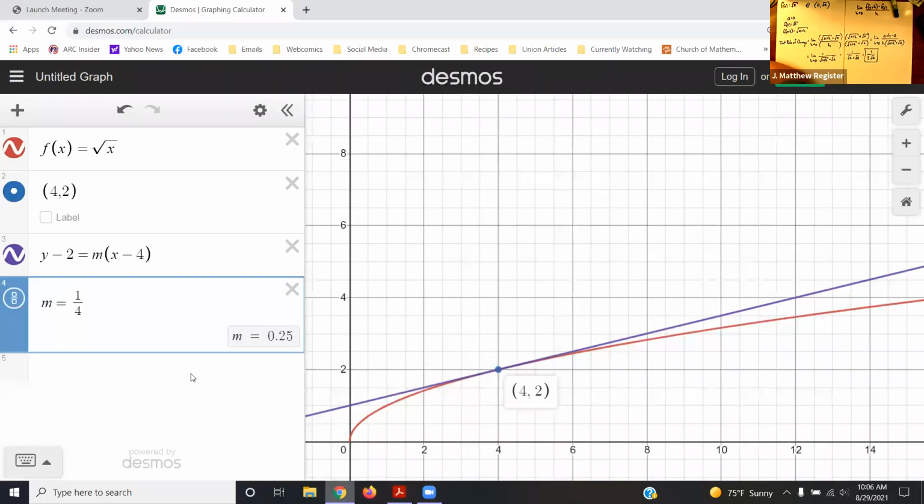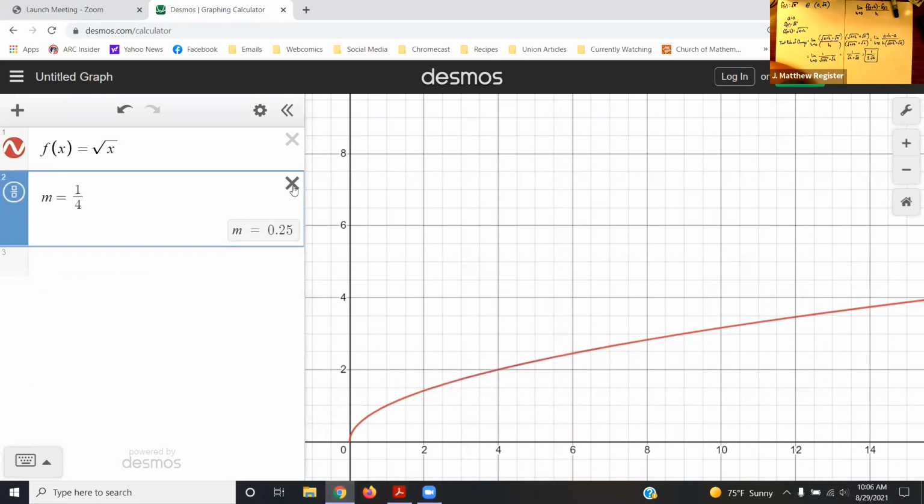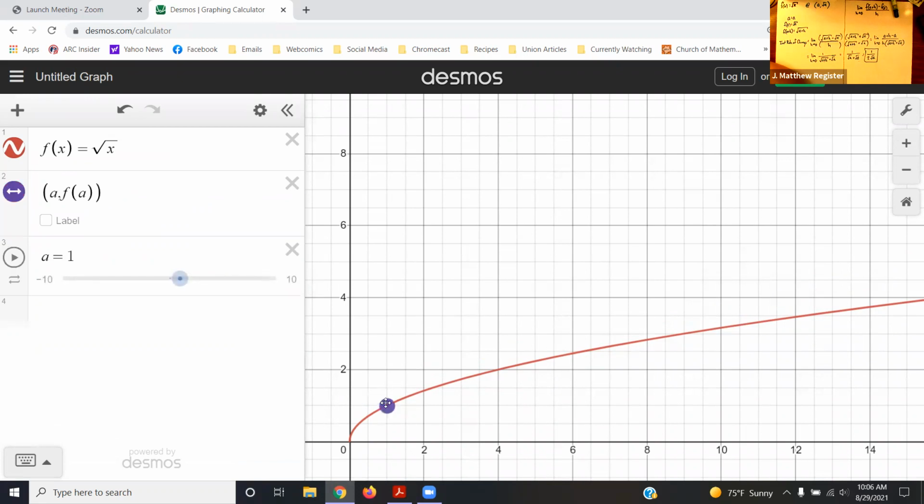When we think about what the graph of this looks like, we no longer need a starting point. Instead, we can say, let's let the point be a comma f of a. That'll be our starting point. And just like before, we can move this point to be wherever we want.